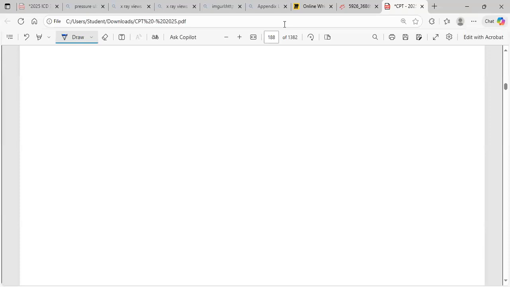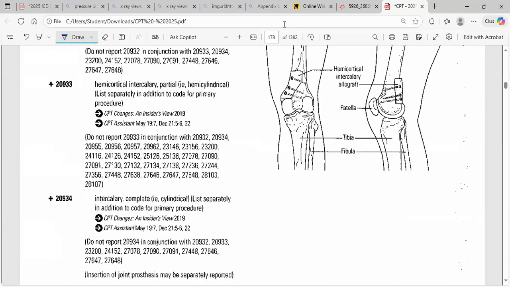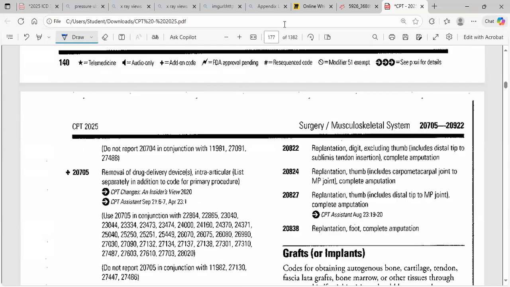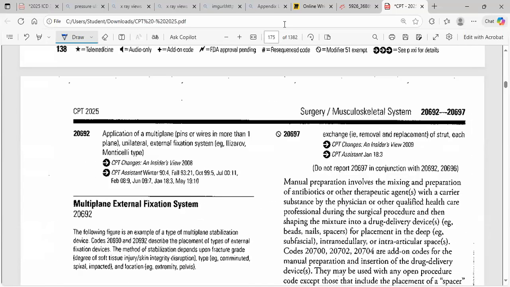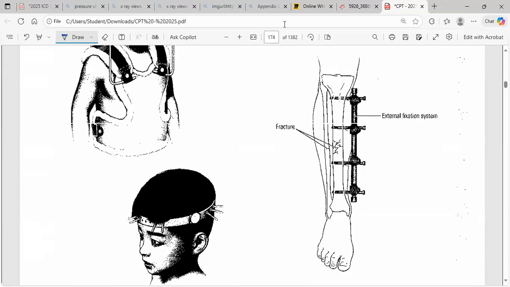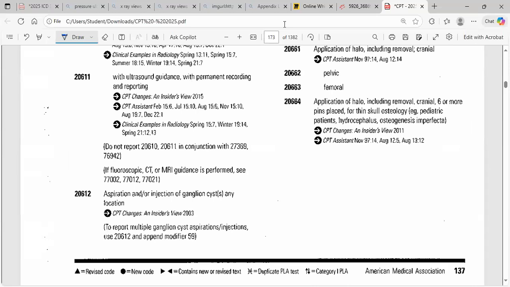In the arthrocentesis, we have a code which includes the ultrasound. If your code includes the ultrasound, then you are not going to bill that separately. If your code does not include the ultrasound or any imaging guidance, then only you have to bill that separately.